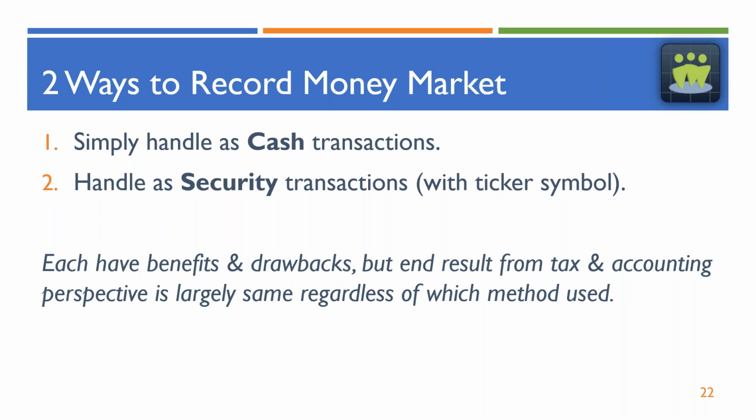Every money market has a ticker symbol. You could put the ticker symbol in, you can do your buys and your sells. There's some pros and cons to each of those options, but we do say that, at least from a tax and accounting perspective, it is essentially the same, regardless of which method you're using.